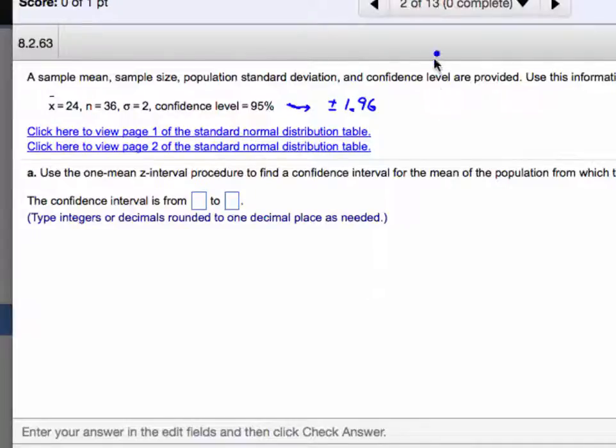So our sampling distribution would be our point estimate at the population, right? We're using z interval, okay? And so then what is that going to be?